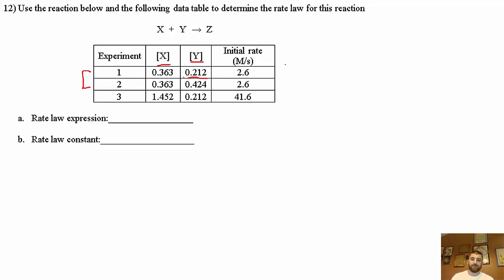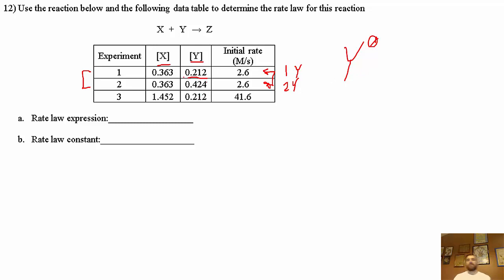So we got pretty much 1y, and then here we got 2y, and we take a look at the initial rates. Well, if the initial rates don't change when we change the concentration of y, that tells us that the reaction order for y is 0. Concentration of y isn't going to have an effect on the reaction rate.